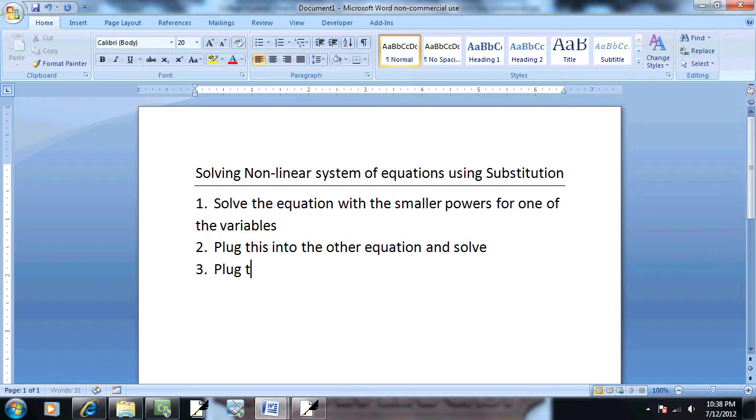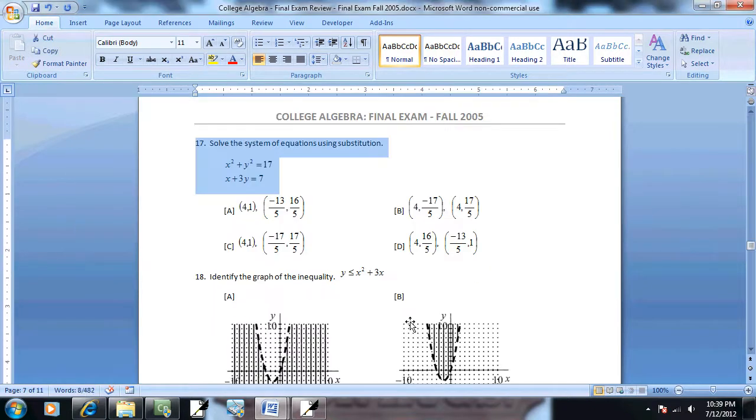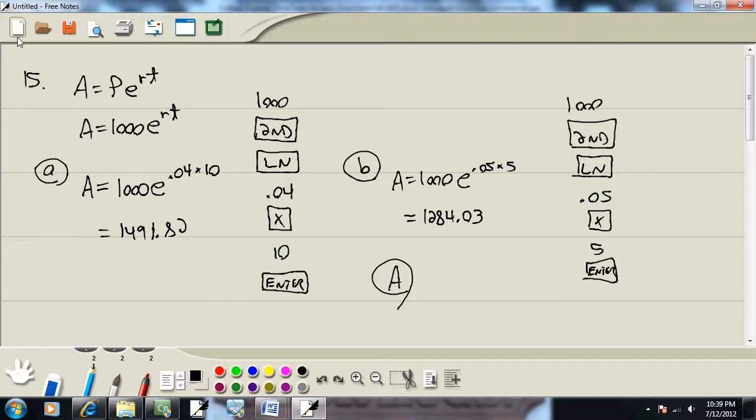Step 3, plug these values into either equation and solve for the other variable. So let's use those steps.